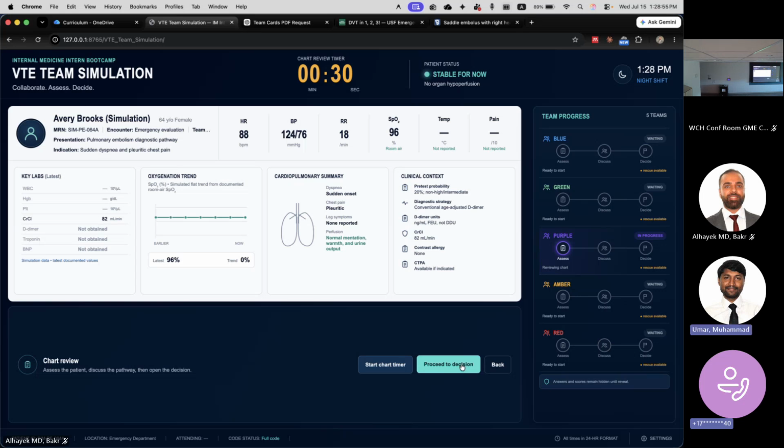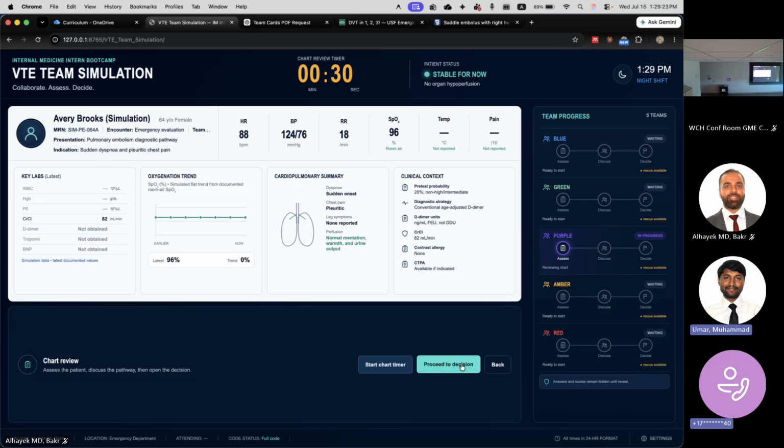All right, guys. So this is the last case we're going to do, and after that, you're good to go. This patient, Avery Brooks, is a 64-year-old female presenting with acute decompensated respiratory failure: dyspnea, pleuritic chest pain, and you are concerned about pulmonary embolism.